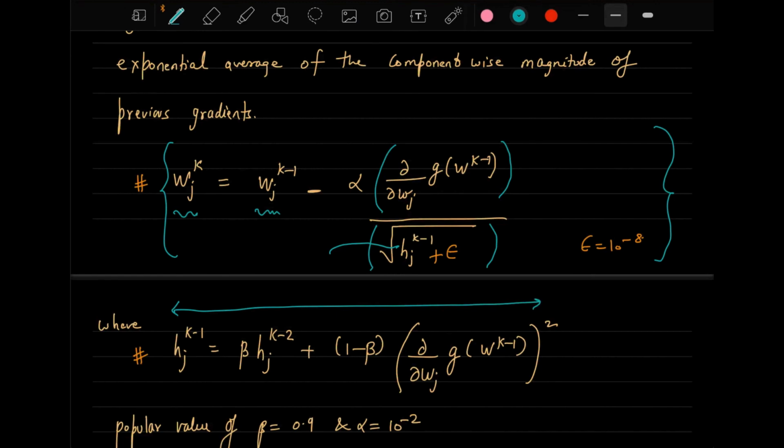So this update is coming from the momentum based approach, which avoids the zigzag problem. So this equation avoids the zigzag problem.